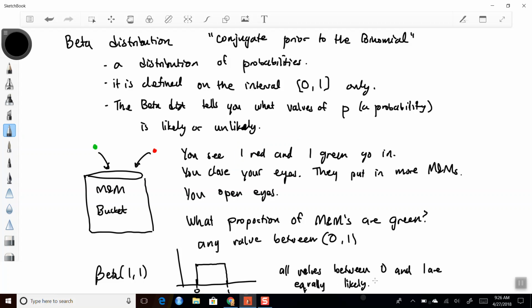These are just letters that go into the equation to determine the shape. So this is known as the beta 1-1 distribution.